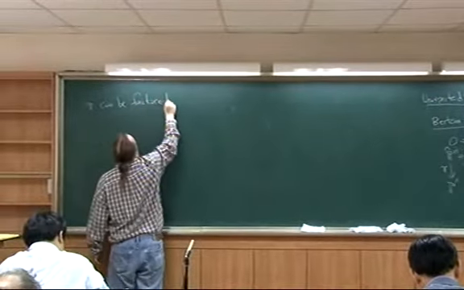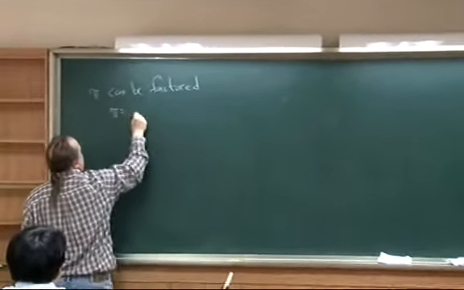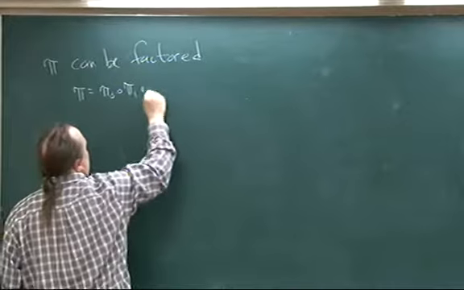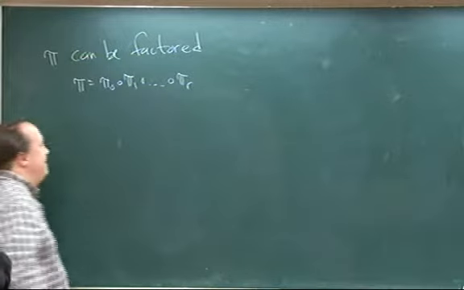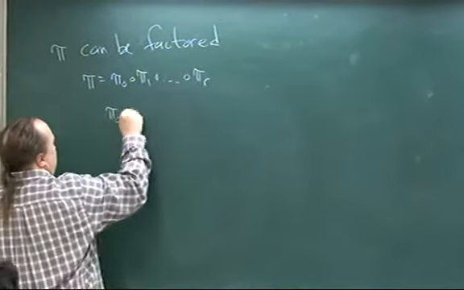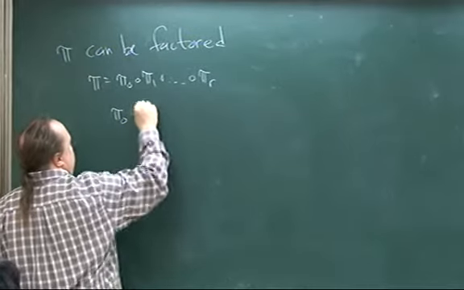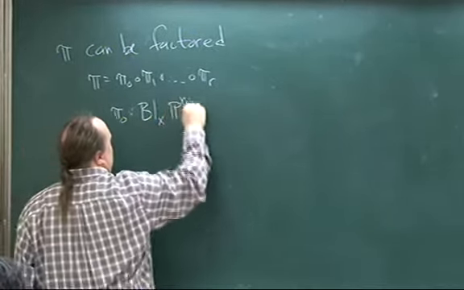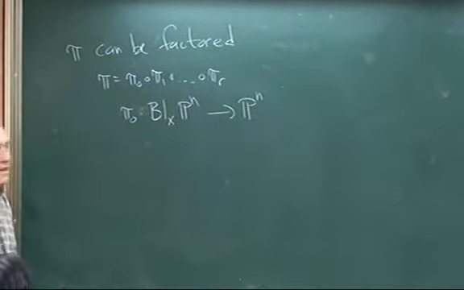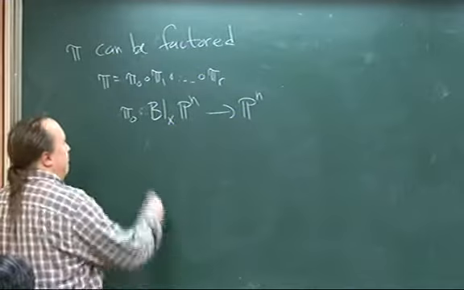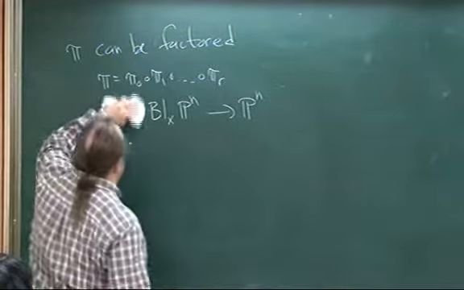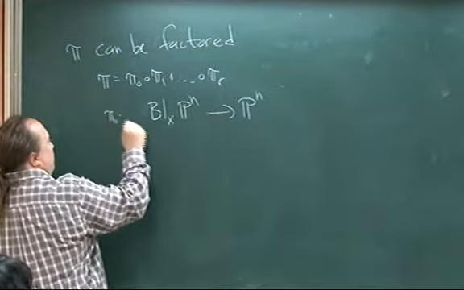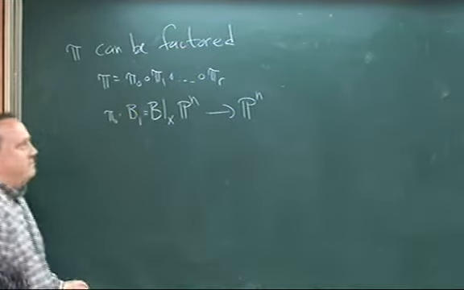So we figured out that pi can be factored as a collection of other pi's. And what are these pi's? Well, pi 0 is the blow-up of P at X. Pi 1, we need a name. We call this B1.